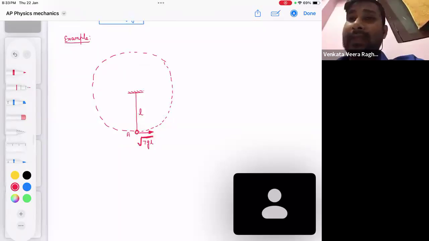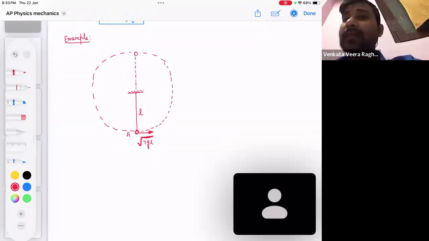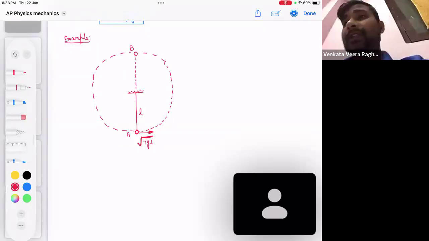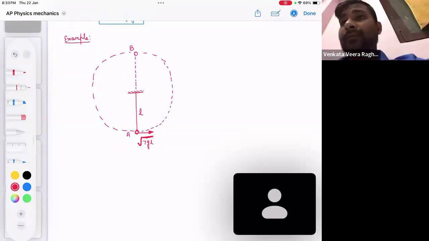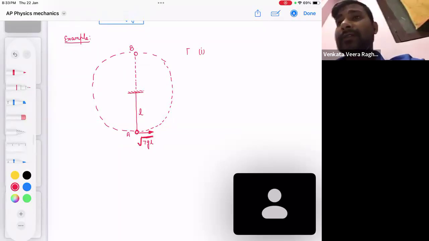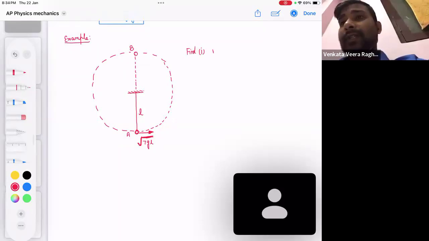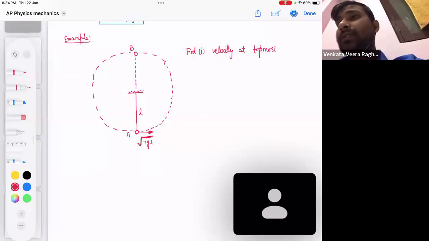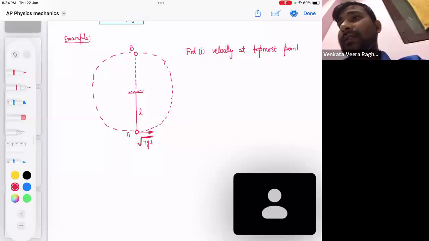And this point is A. This topmost point is, let's say, B. So now in the question, I am asking two things. First one, find the velocity at the topmost point. How much is that?